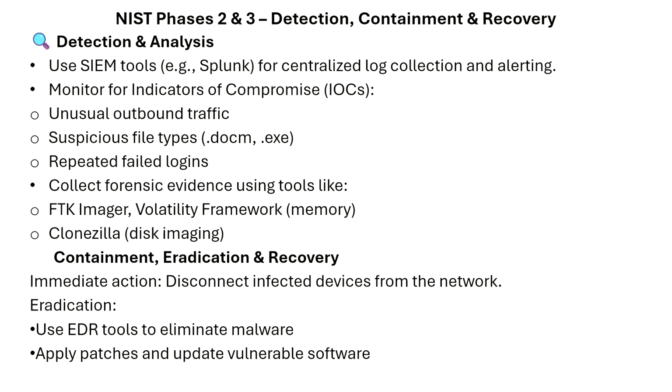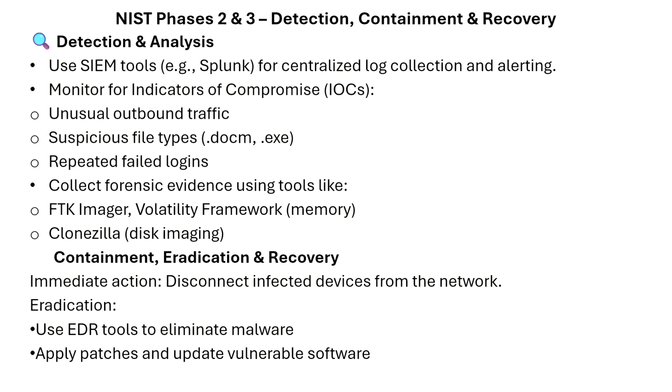After phase one, in phase two we detect, contain, and recover. We use tools like Splunk for centralized log collection and alerting, monitoring for indicators of compromise, unusual outbound traffic, and suspicious file types like .exe files. We collect forensic evidence using tools like FTK Imager and the Volatility Framework for memory analysis and disk imaging.